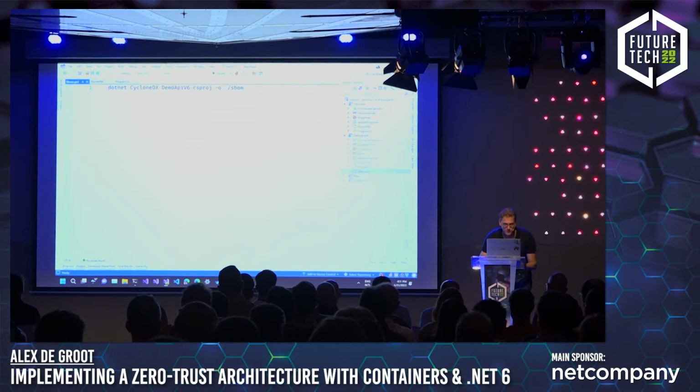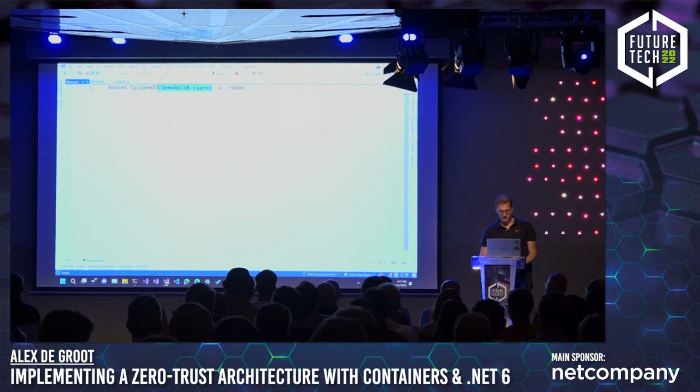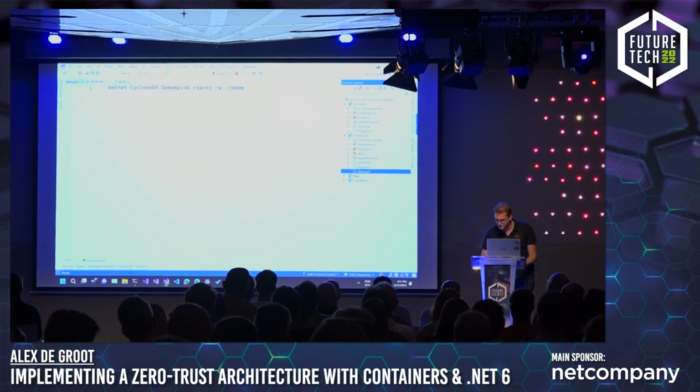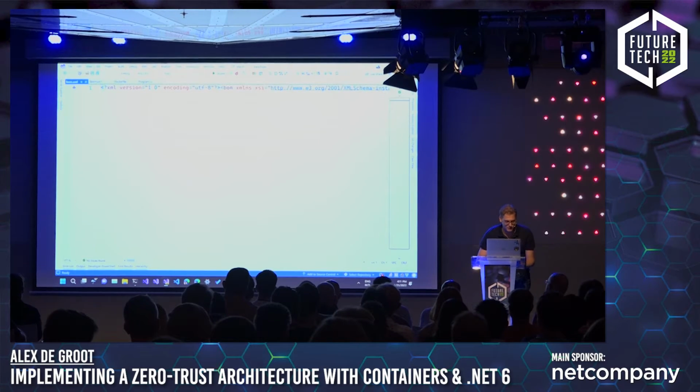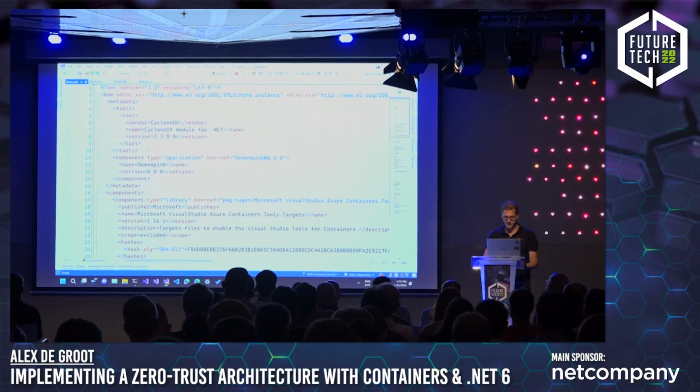Here's the script. This script does nothing more than call dotnet and then invoke CycloneDX. I give it my csproj and tell it to write to the output SBOM. Then it generates this file, and I need to format it, obviously.